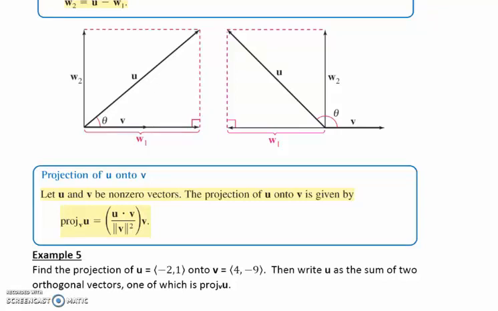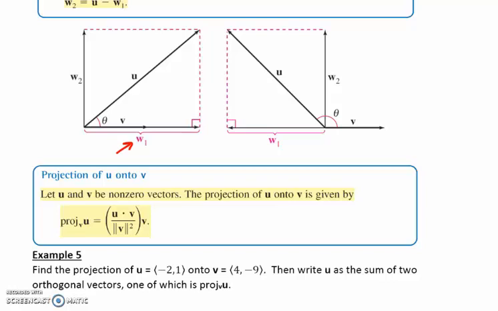And so when we have the vector u being projected onto v, we end up with this diagram that you can see here, where this w1 is that projection of u onto v.